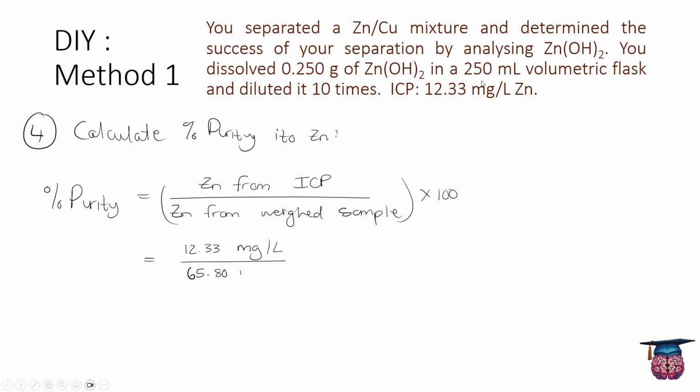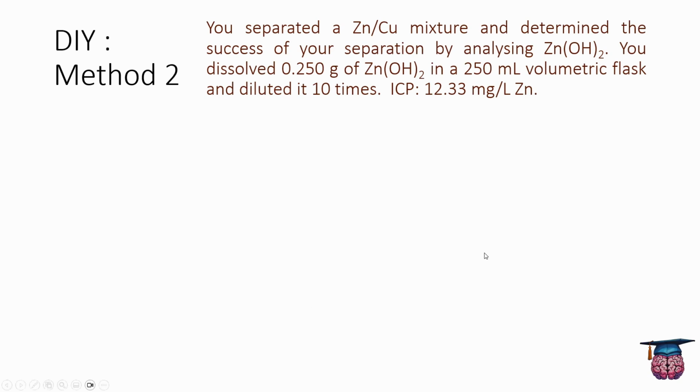This is then the 12.33 milligrams per liter zinc that we have in our question divided by the 65.80 milligrams per liter that we calculated in the previous step, multiplied with 100. And this gives us a percentage purity of 18.74%. Now the next step will be to give you a moment to try this example using method 2.